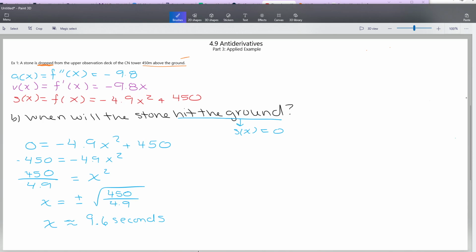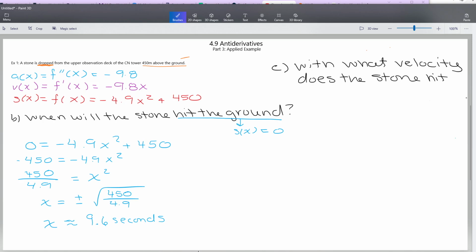So what does part C ask us? With what velocity does the stone hit the ground?